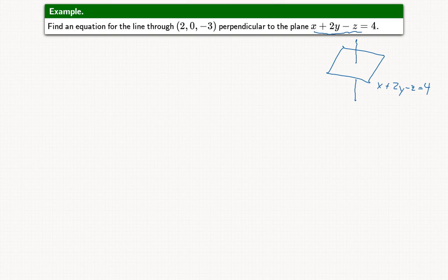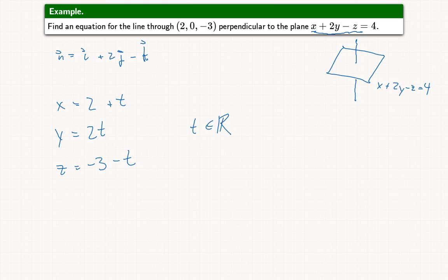By this form of the equation, we can see that one choice of normal vector is i plus 2j minus k. So we combine that with the point we're given, and we get that a parameterization of the line will be x equals 2 plus t, y equals 2t, and z equals negative 3 minus t, for t a real number.